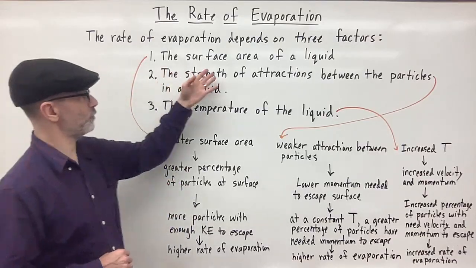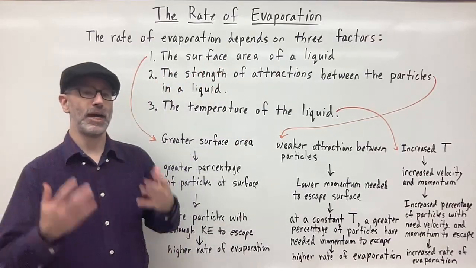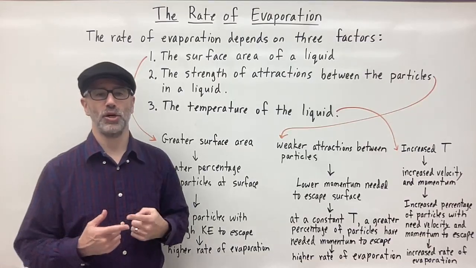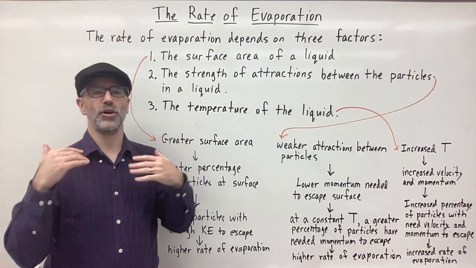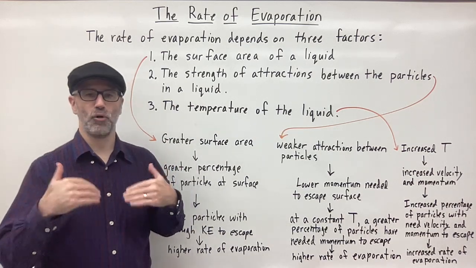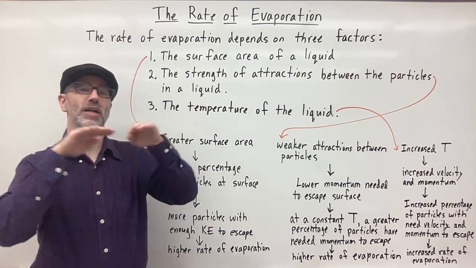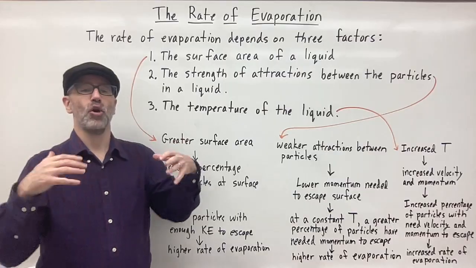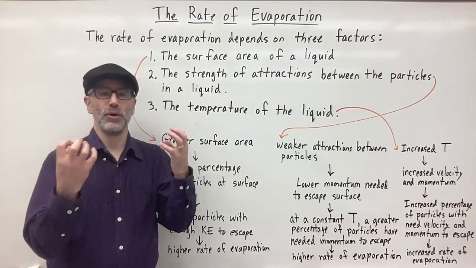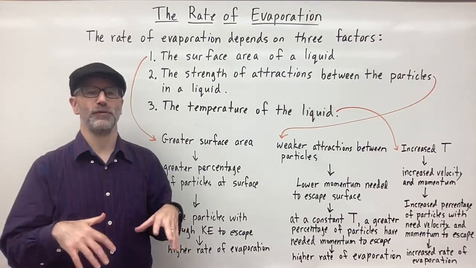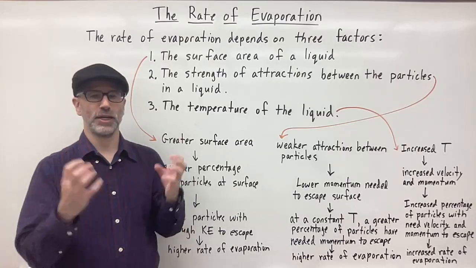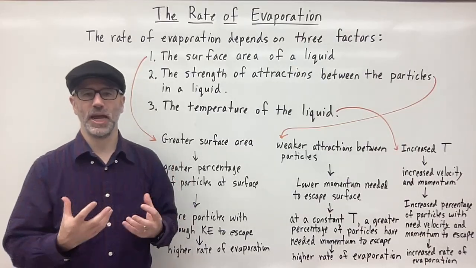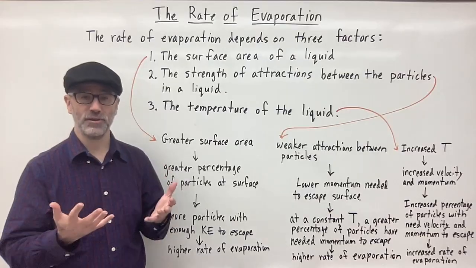So for the surface of the liquid, as we talked about just a moment ago, the only particles that are able to evaporate or go into the vapor phase are the ones at the surface, right? Remember, the ones within the liquid below the surface are surrounded by particles, therefore surrounded by attractive forces, so they're really not going to escape from the liquid phase.